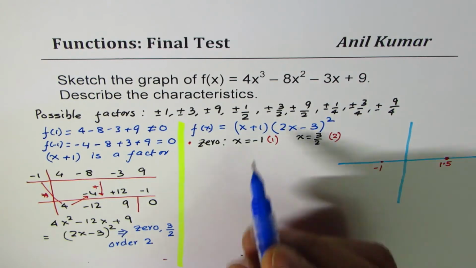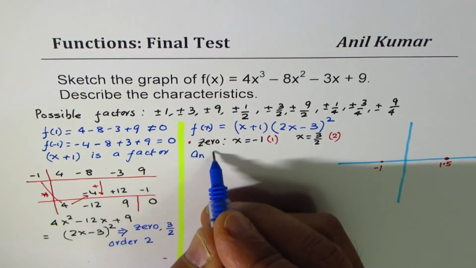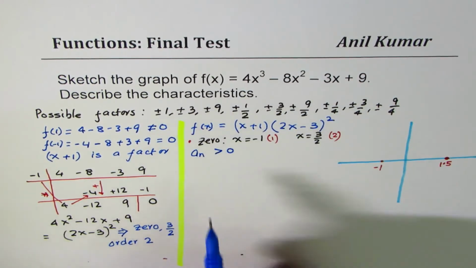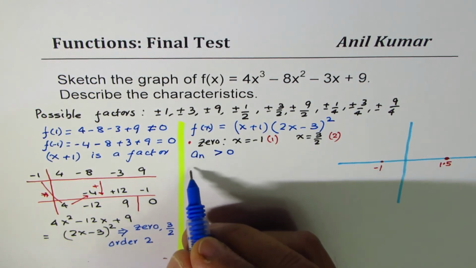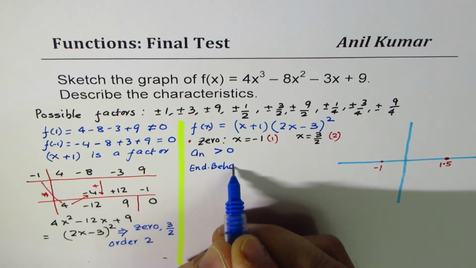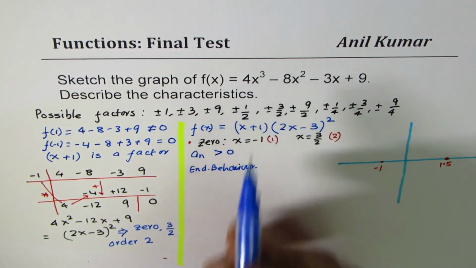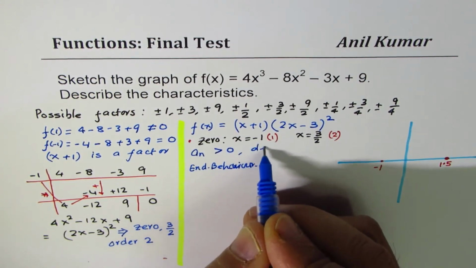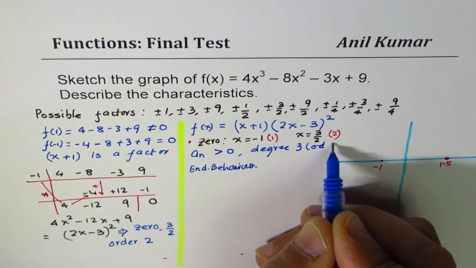Now, leading coefficient is 4, so a_n is actually positive, greater than 0, which is 4. And therefore, we can define the end behavior. What is the end behavior? It is a cubic function, degree 3, which means odd.